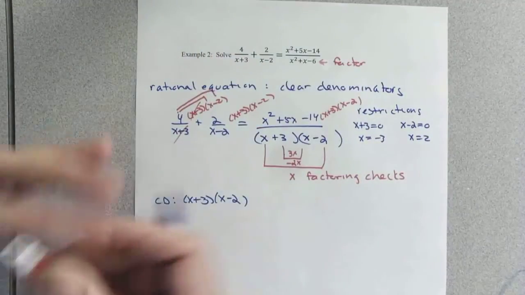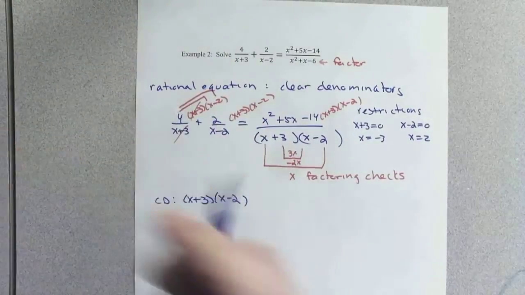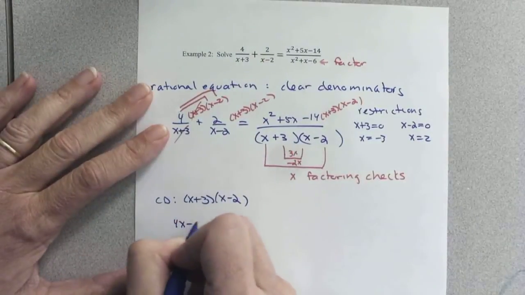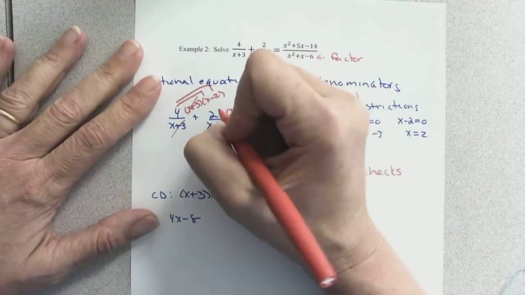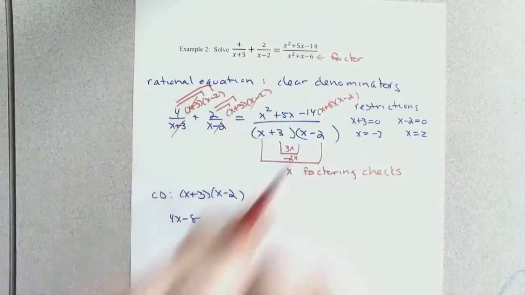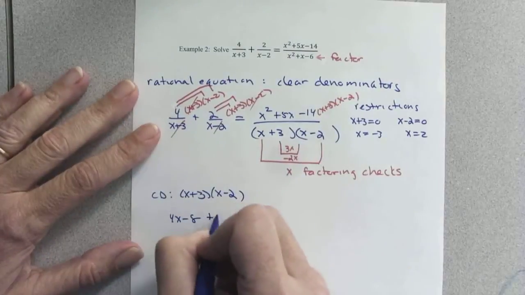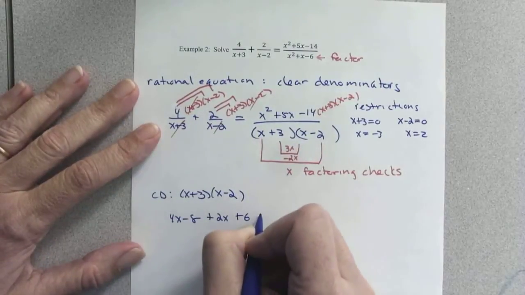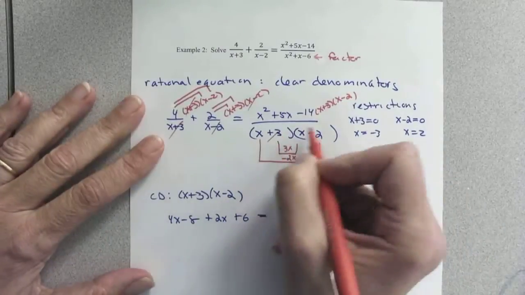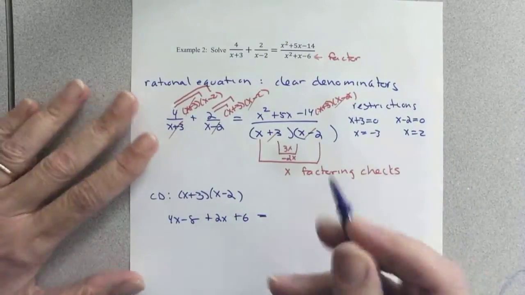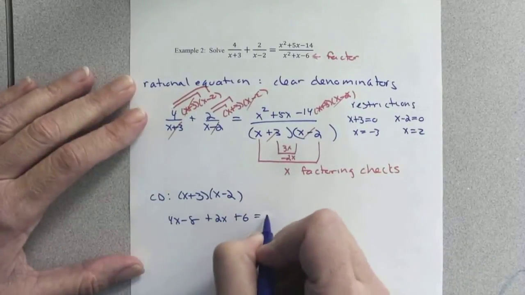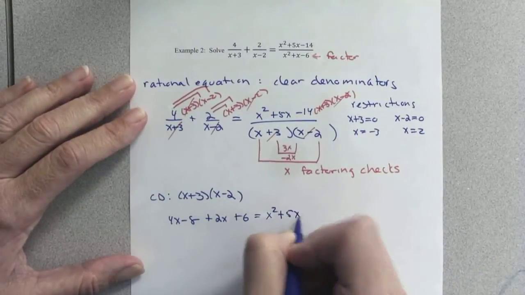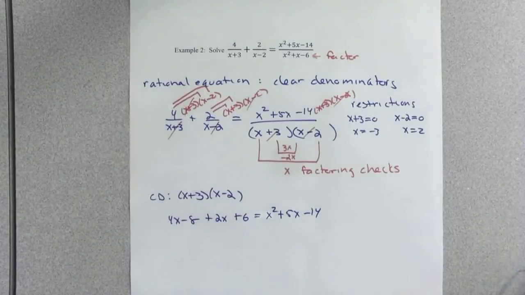So I've got 4x minus 8, cancel, distribute, plus 2x plus 6 equals, and on the end, everybody cancels, and so equals x squared plus 5x minus 14.